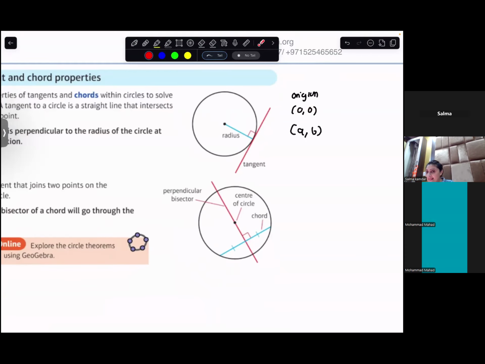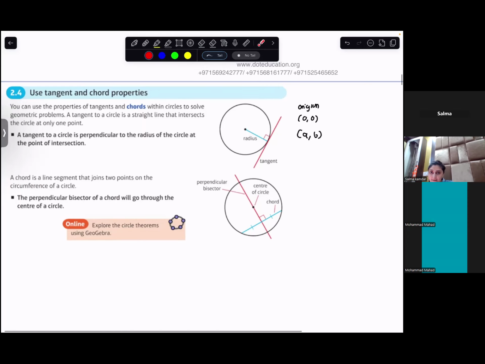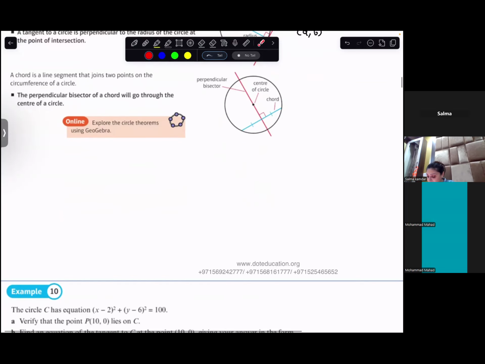The angle that the radius and tangent make at the point of contact is always 90 degrees, and that is why we say that the radius is perpendicular to the tangent. This is the property. What is the property? The radius is perpendicular to the tangent. Are you with me?